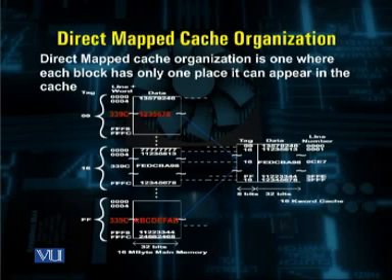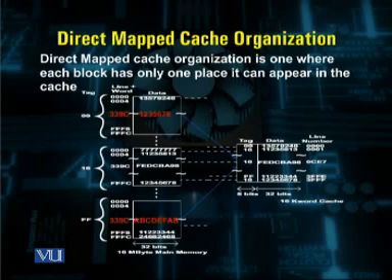These memories are organized into a number of blocks and each block is of 4 bytes in size. That is, the main memory has 1 M blocks, that is 1 meg blocks, and the cache is organized in 256 K blocks and each block is of 4 bytes.